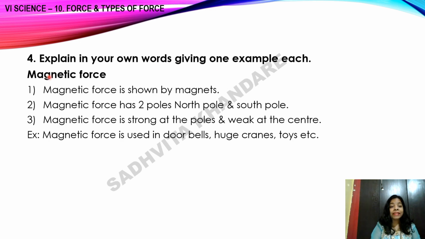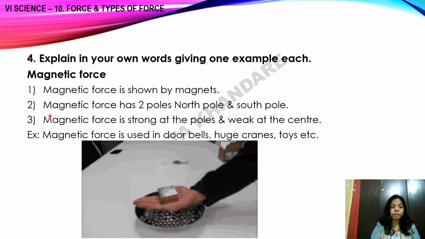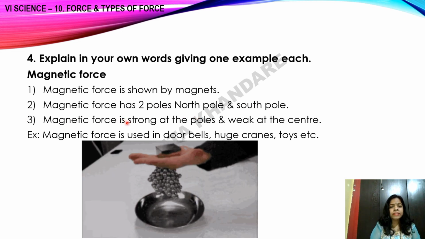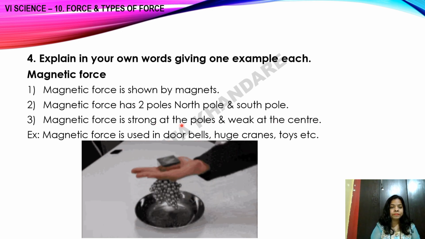Next one, magnetic force. Magnetic force is shown by magnets. Magnetic force has two poles, North Pole and South Pole. Magnetic force is strong at the poles and weak at the center.